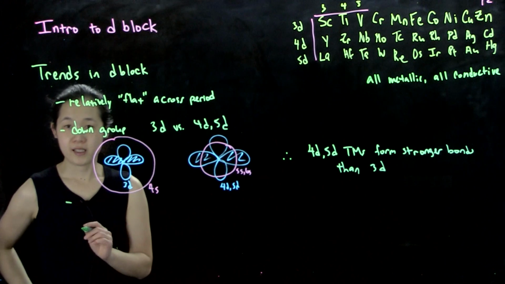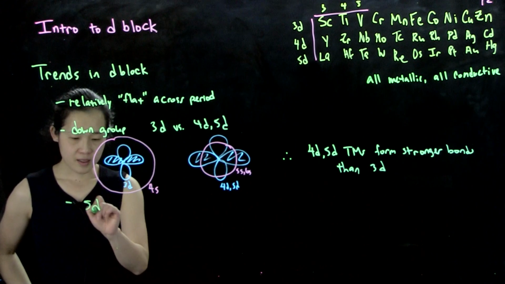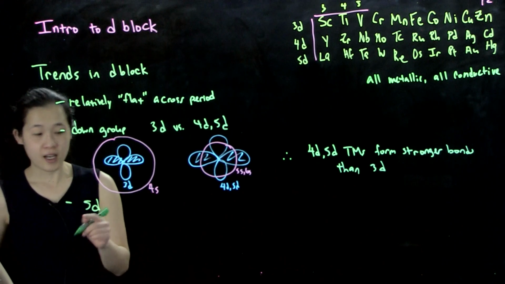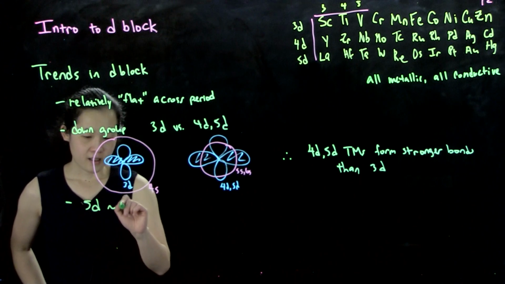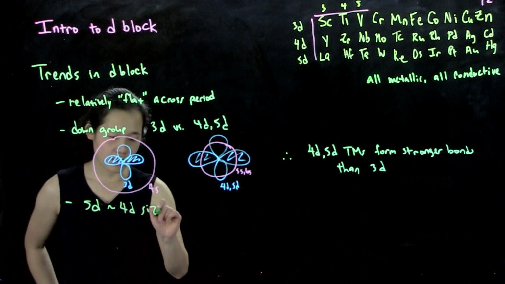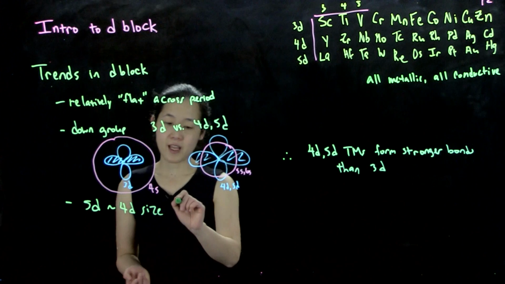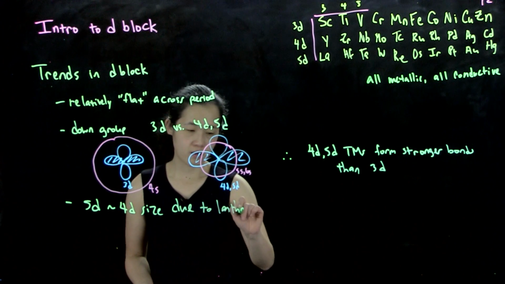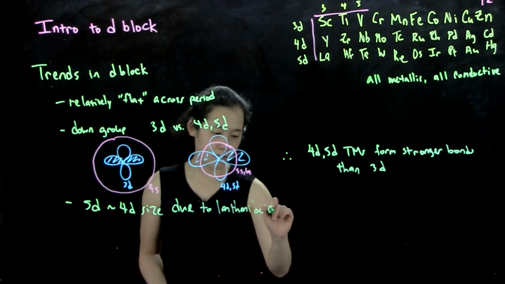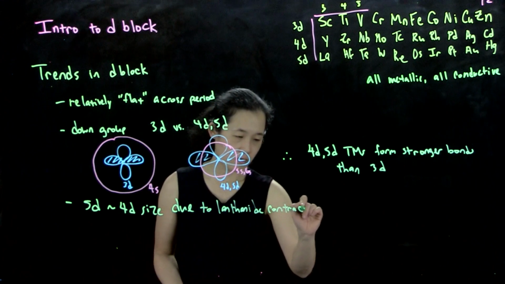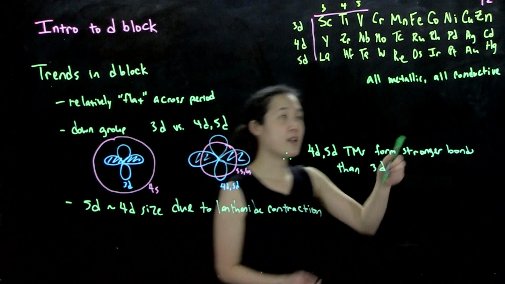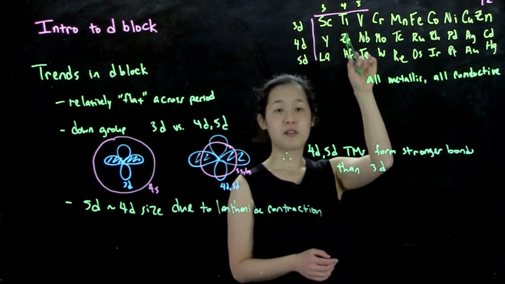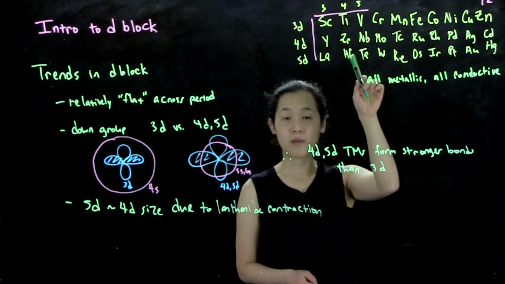And then one more trend is that the 5D elements don't go as big in size, they're similar in size, because of the lanthanide contraction. So here's my D block. You would maybe expect that because we're getting to bigger shells, the 5D should be bigger than the 4D.